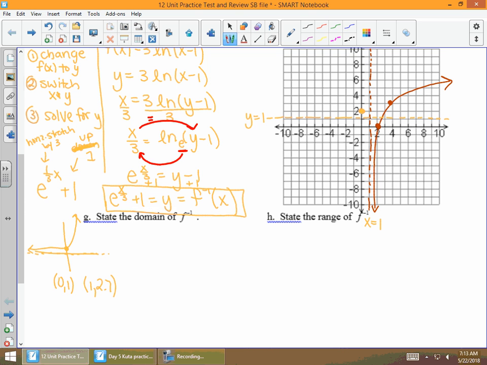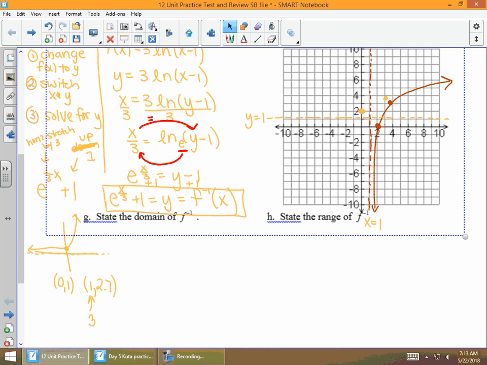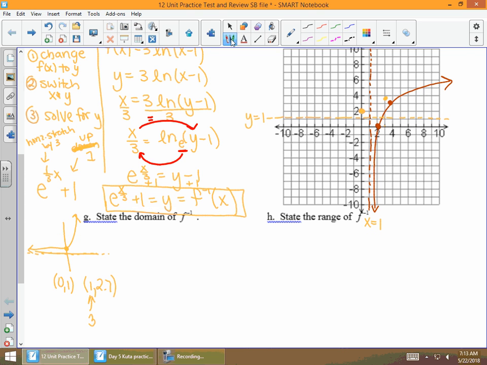And then our point out at 1, 2.7, we're doing a horizontal stretch. So instead of 1, that's going to be stretched out to 3. So we're going to go out to 3, 2.7. It's going to be 2.7 from our asymptote, so it's going to be up to 3.7.